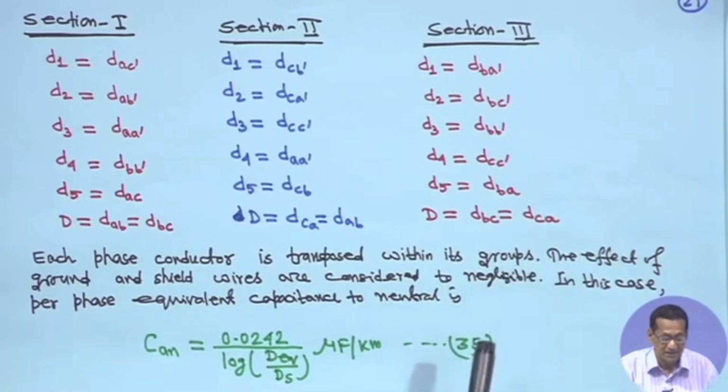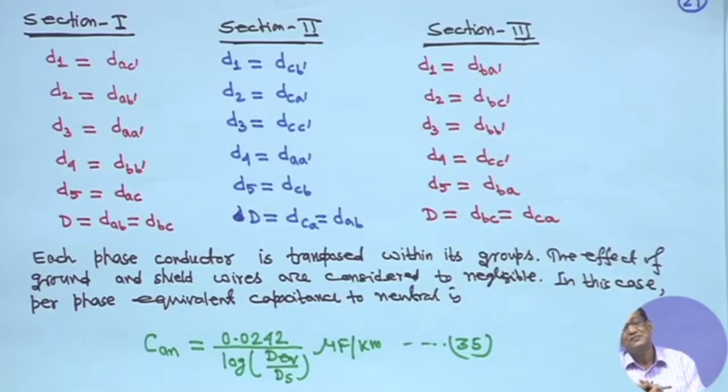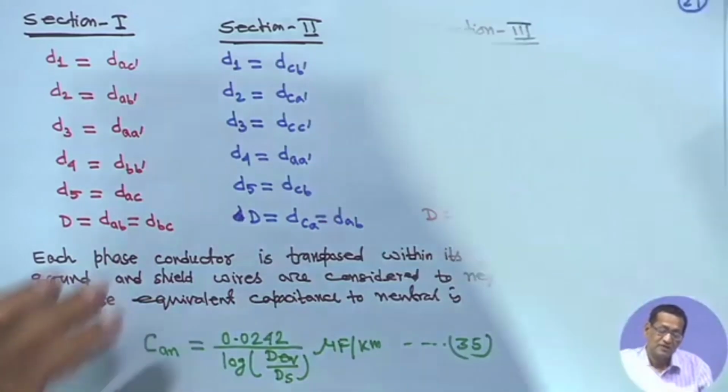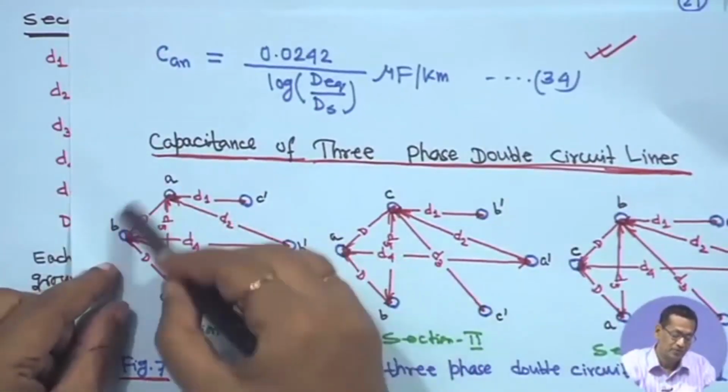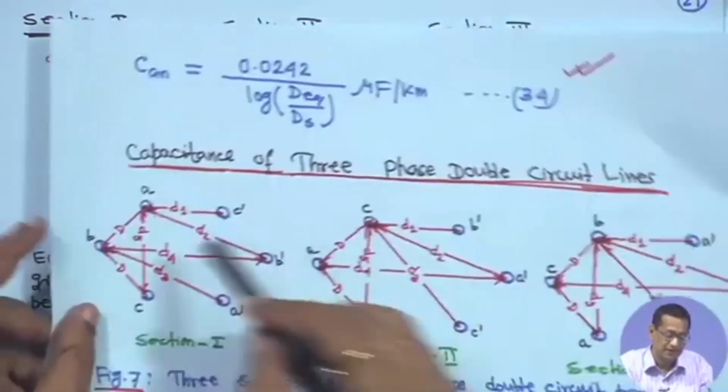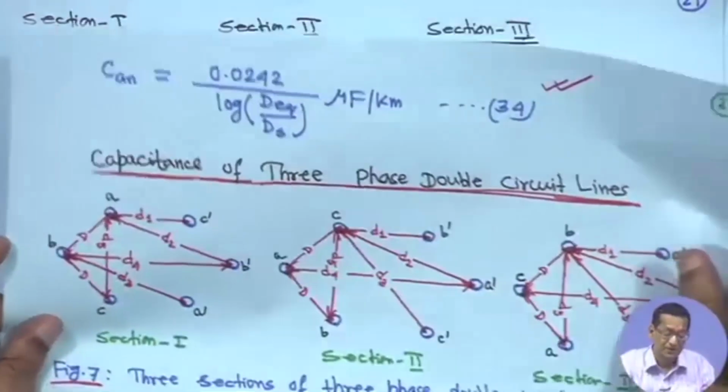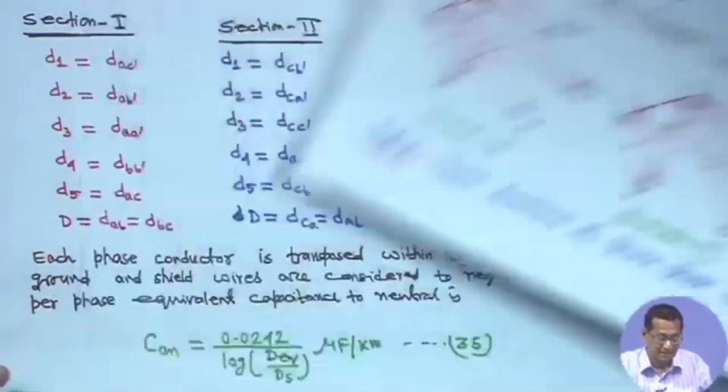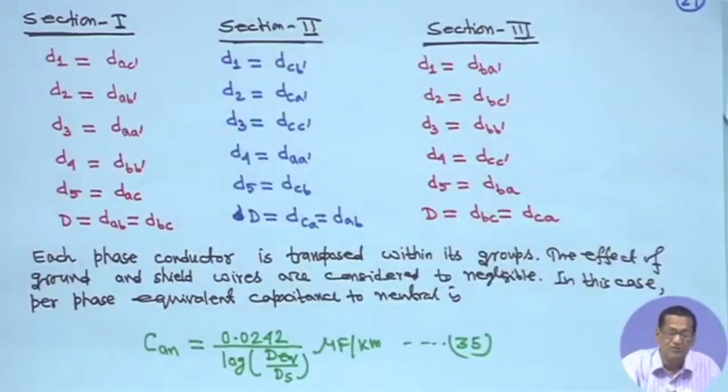Now, each phase conductor is transposed within its group. So, within this group only the conductors are transposed, here and here also. So, it is a double circuit line. Therefore, the effect of ground and shield wires has been neglected, because its effect is negligible.